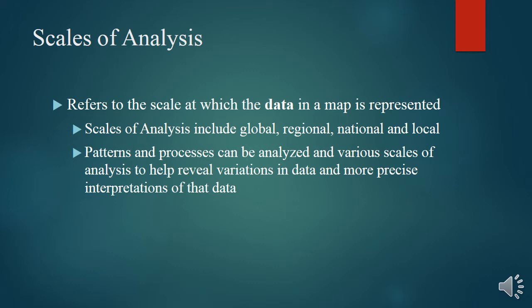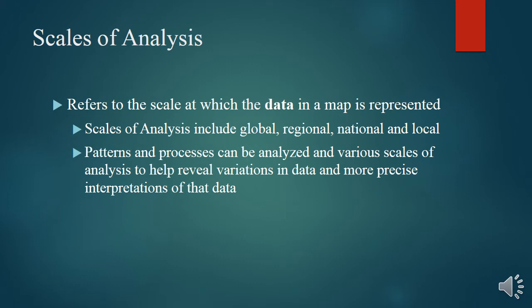In general, you're going to see terms for scale of analysis, including things like the global scale of analysis, or regional, national, local. But there's a lot of other terms we could use to really zero in on precisely what we're looking at. The value of this is that as you analyze patterns and processes at various scales of analysis, right?